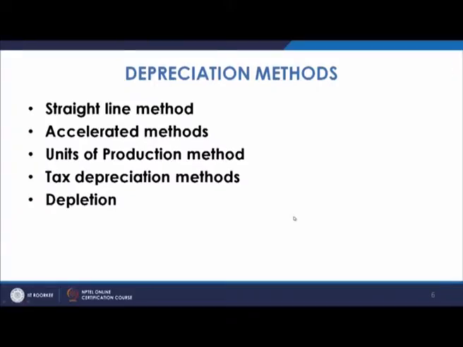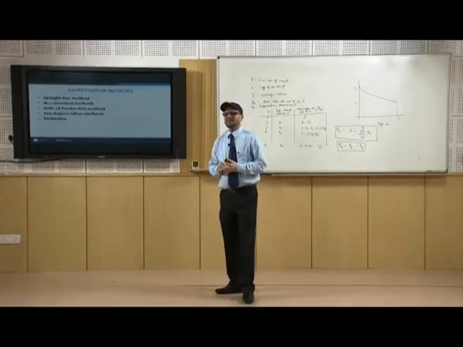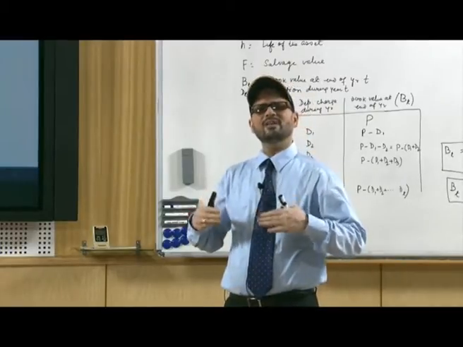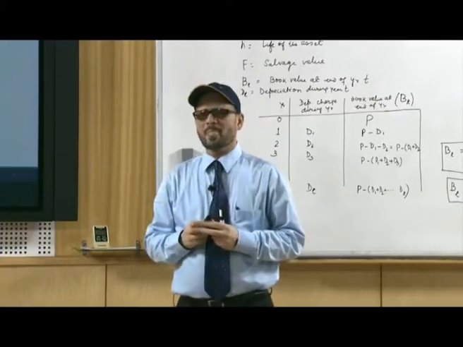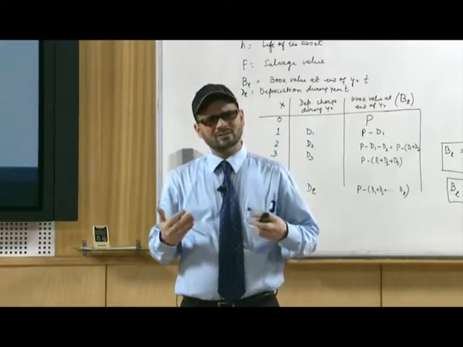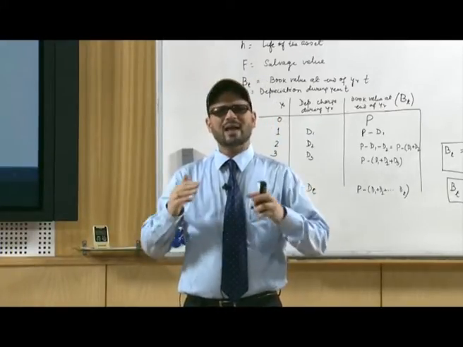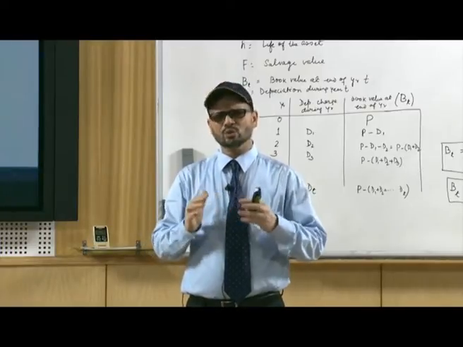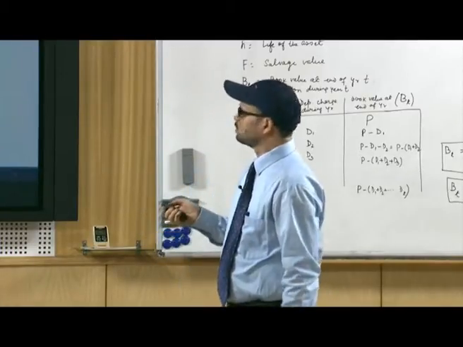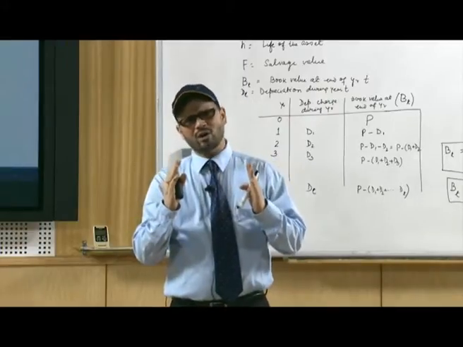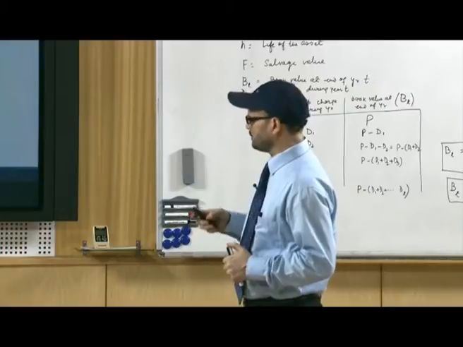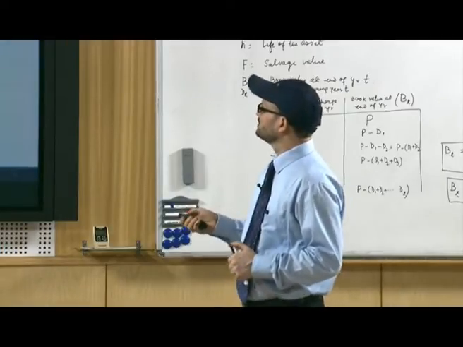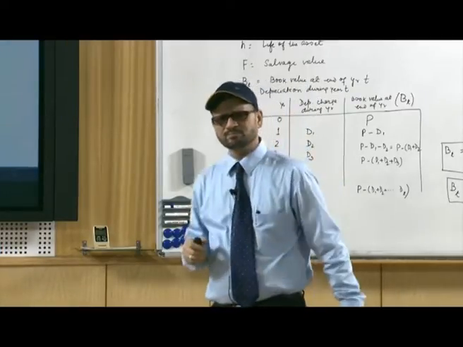Now, depreciation methods. Basically, there are different types of depreciation methods, as we have discussed, that the value time function may be different, and the value time function is used to find the book value of the asset after any year t. Now, based on that there are certain depreciation methods.